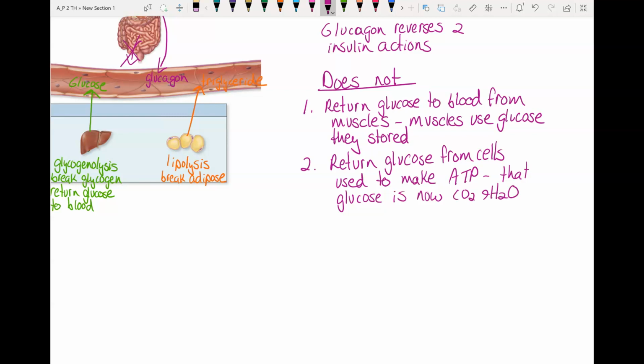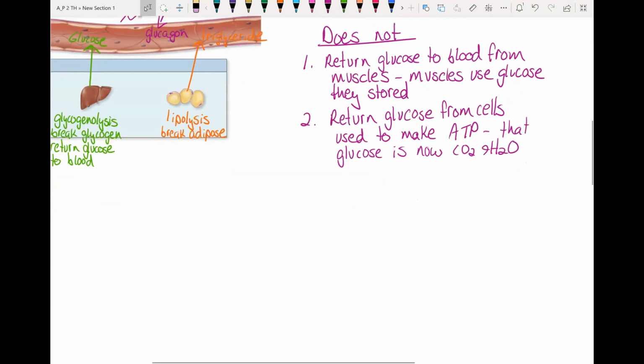So think back to chapter 3 when we learned about cellular respiration. When you break down glucose, it ends up combining with the oxygen that you inhale to become carbon dioxide and water. We also do not return any amino acids to the blood.